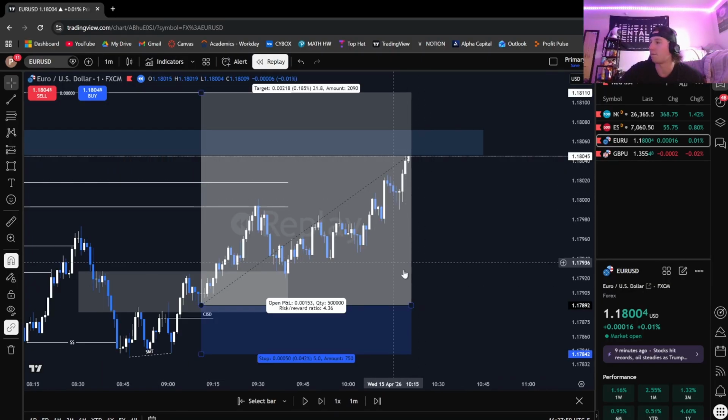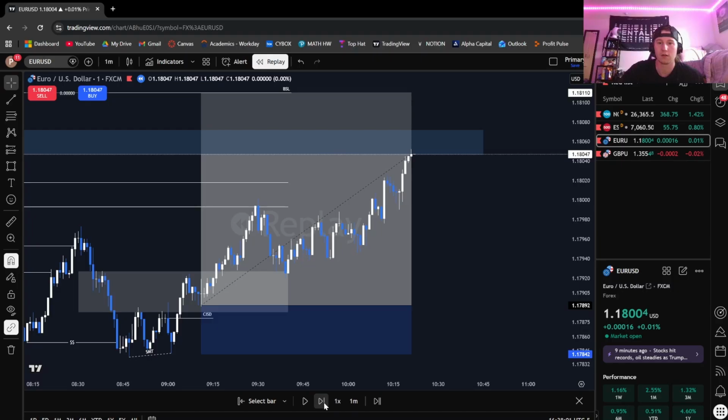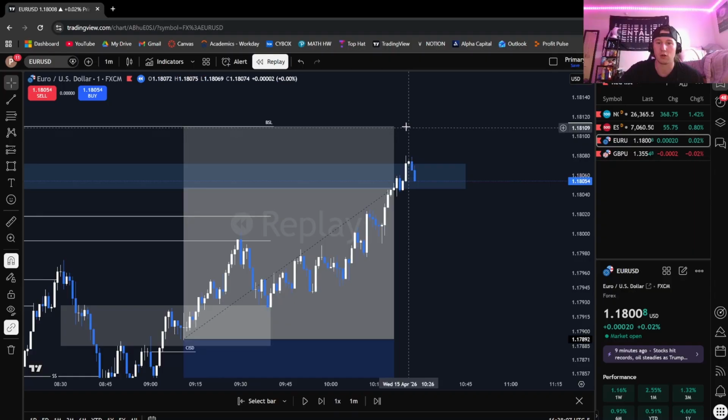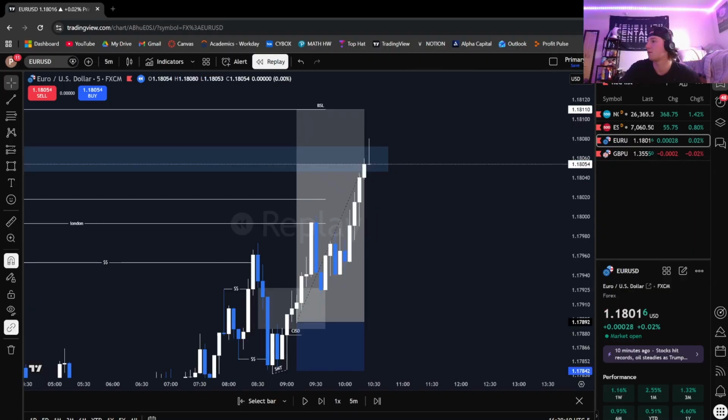So if we keep going, we can see that price comes up, keeps going, and is really close to hitting my TP. Now, quickly, something that I've been working on is timing my stops and placing my stops based on 5-minute structure, because a lot of times 1 minute will show that we're going to go down, but sometimes price will tap a 5-minute key area like a fair value gap or something, and it'll keep going up.